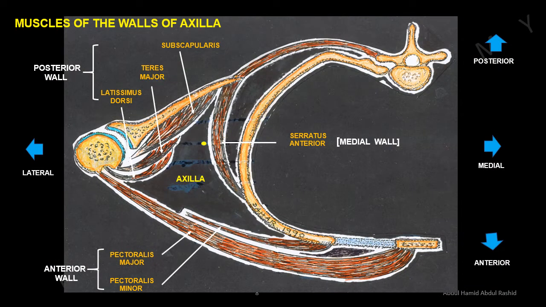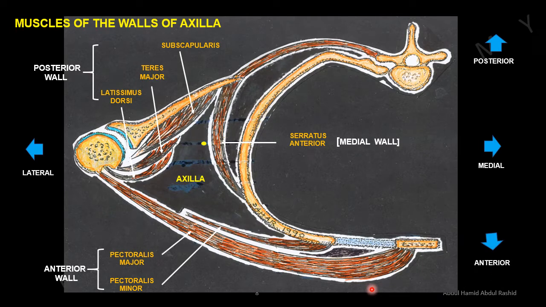Muscles of the walls of the axilla. Transverse horizontal sections of the axilla. This is lateral, this is medial, posterior, and anterior. This is summary of the muscles of the walls of the axilla.